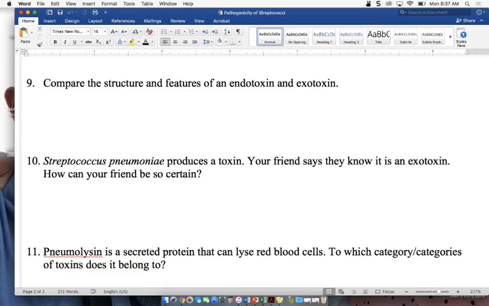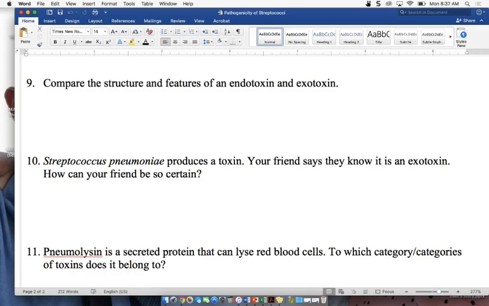What I meant to say was that it triggers a really strong inflammation response when it's being produced. Not all exotoxins necessarily trigger a huge inflammation response, in part because of where it's localized. For example, some of those gastrointestinal ones are in a region where it may not trigger as strong an immune response.